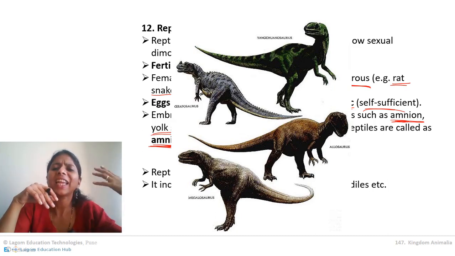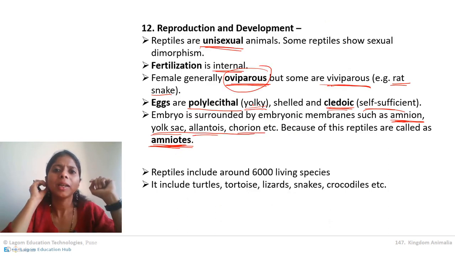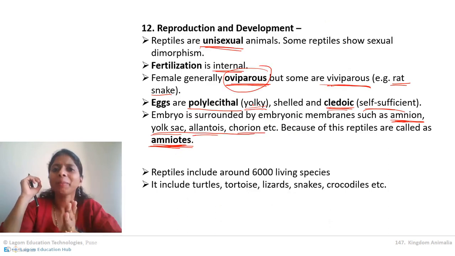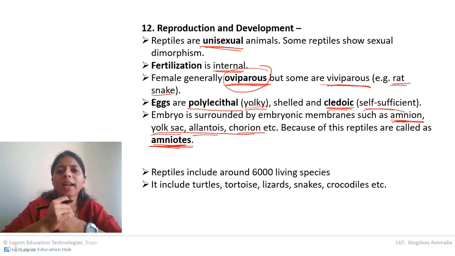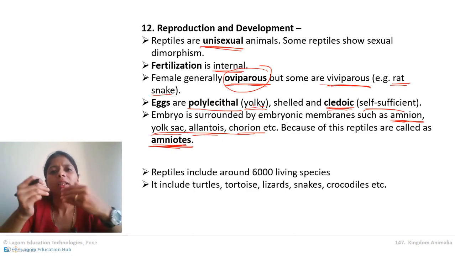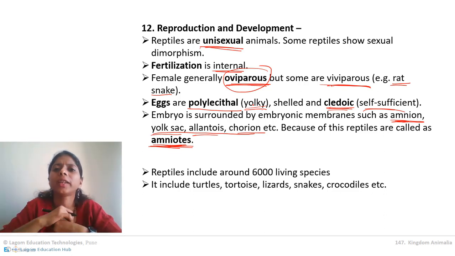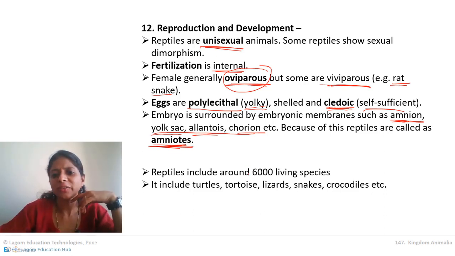Reptiles were growing like anything on the earth. But the Jurassic period was afterward followed by the Triassic period, in which there was a huge decline of the reptile species, and only 6,000 different species survived and exist today. Some of the examples are turtles, tortoise, lizard, snake, crocodiles, etc.